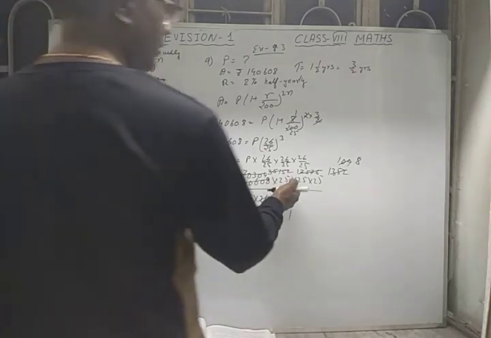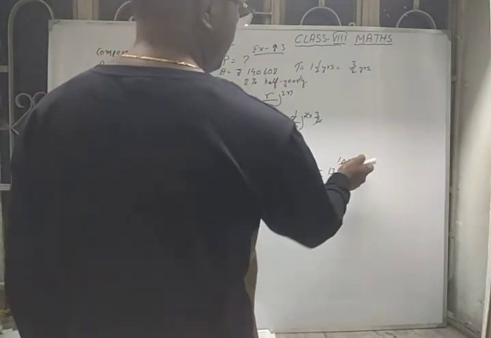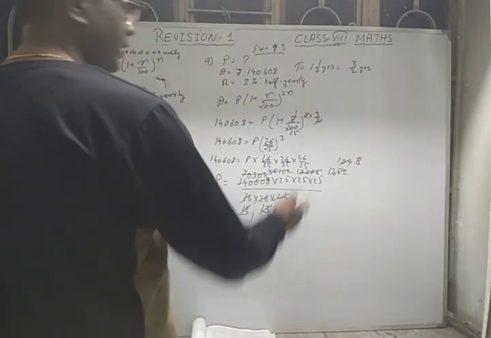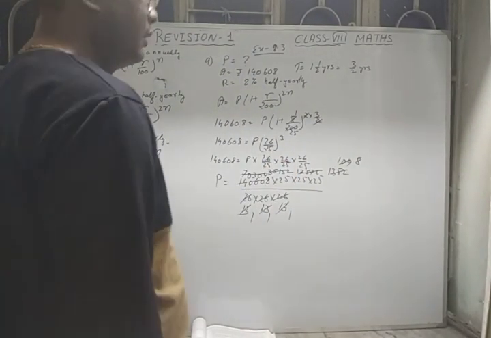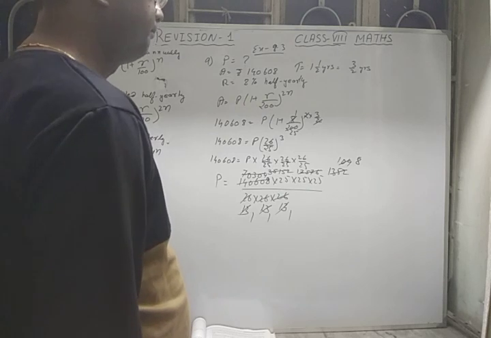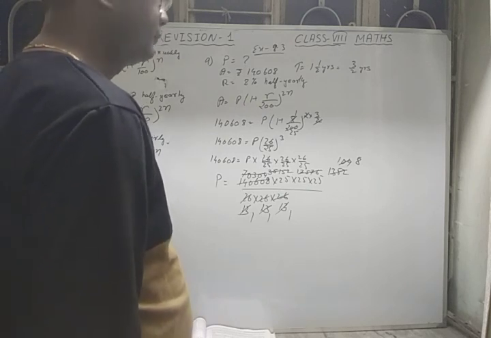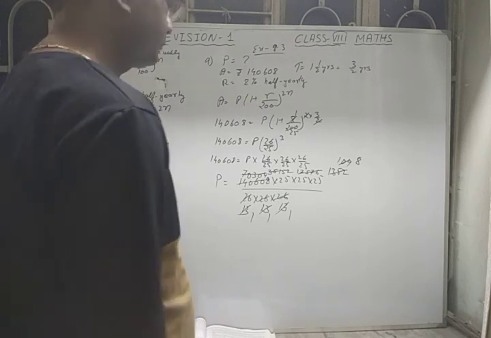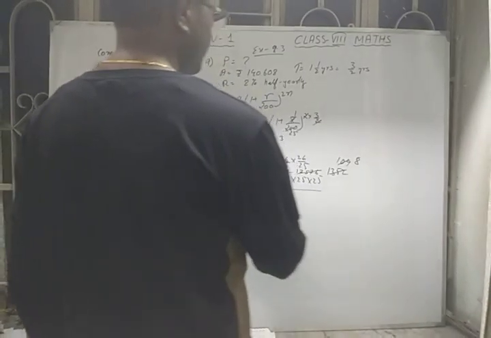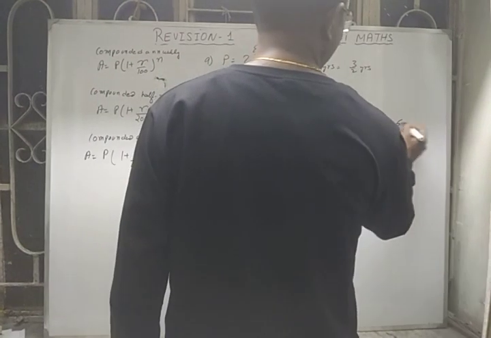Now you can multiply 25 into 25 into 25 into 8. So 25 into 8 is 200, and 25 into 25 is 625.